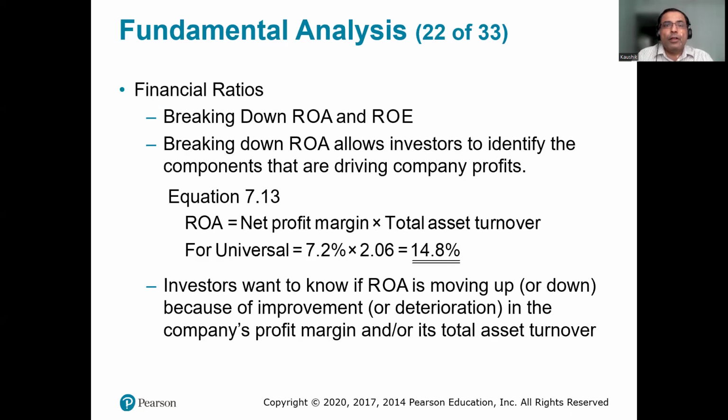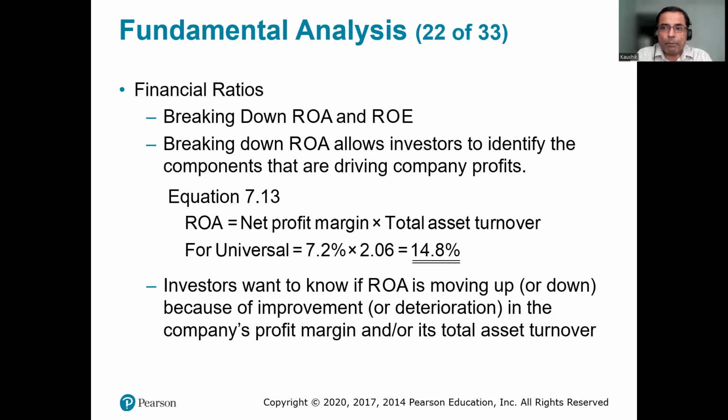We can also break down return on assets and return on equity to understand the contributing factors to these profit ratios. Return on asset is the product of net profit margin and total asset turnover. Now that we have broken down return on asset into two separate ratios, we can figure out what is contributing more to higher profitability.